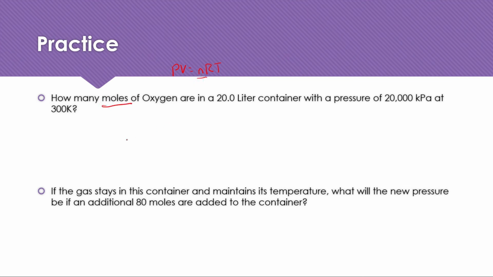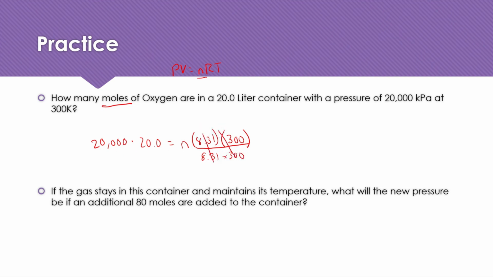We know that our pressure is 20,000 kilopascals, so 20,000 times our volume, which is 20.0 liters, equals n, which is what we want to solve for, times 8.31, which is the gas constant R, times our temperature, which is 300.